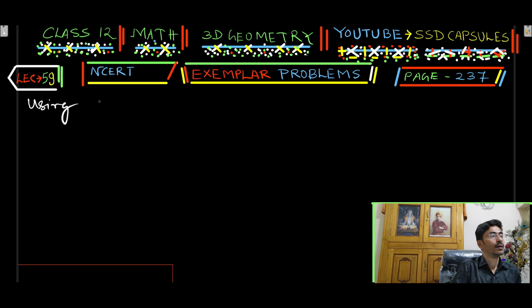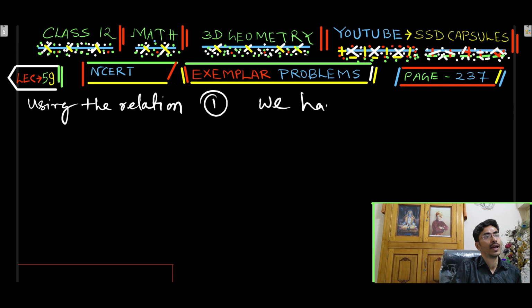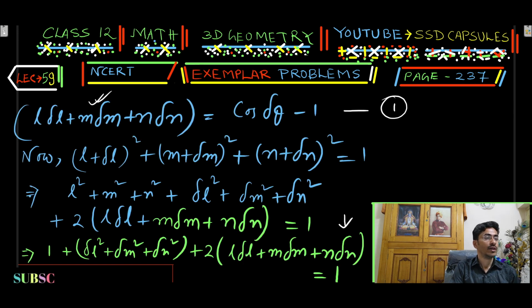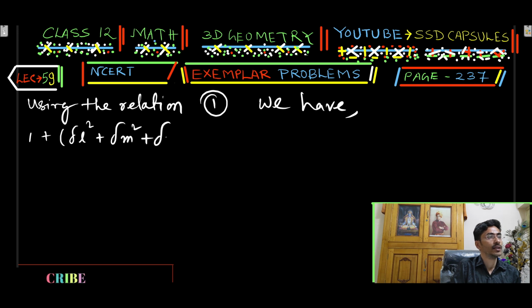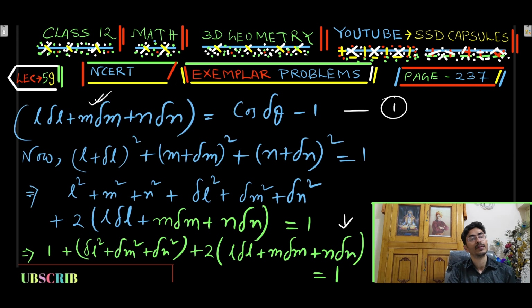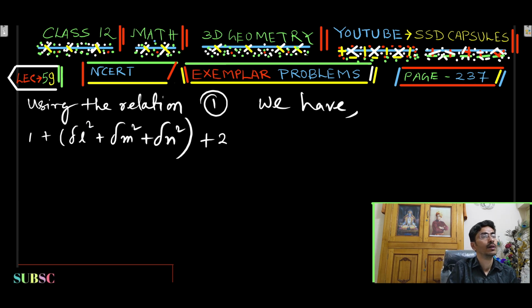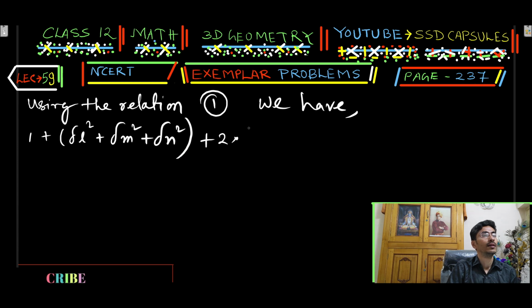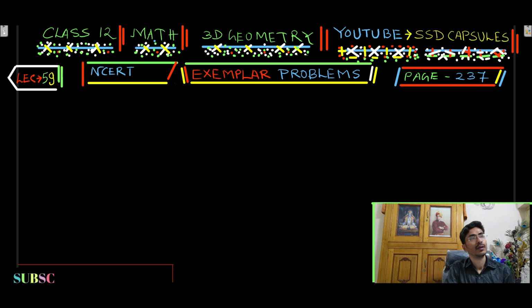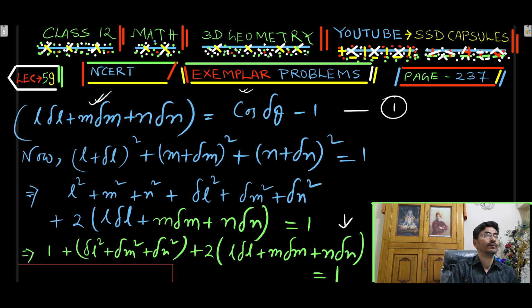Using the relation 1, we have, see previous page, 1 + ΔL² + ΔM² + ΔN² + 2(LΔL + MΔM + NΔN), which equals cos Δθ − 1, so cos Δθ − 1, equal to 1.